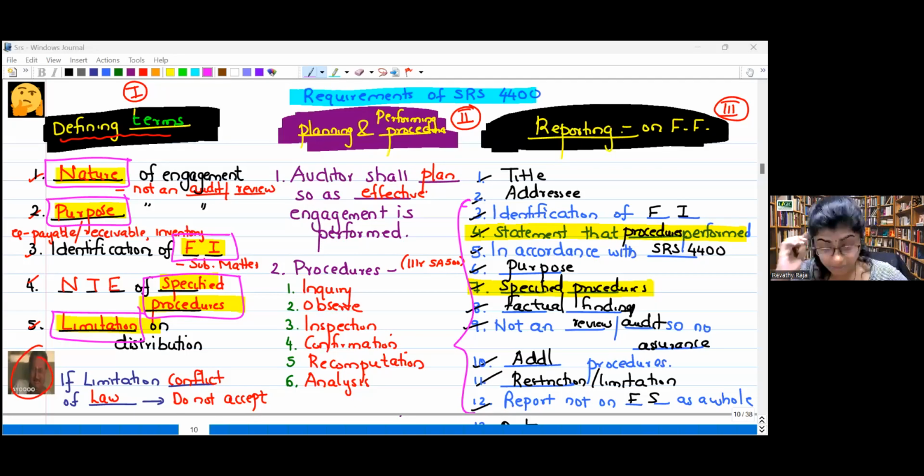The procedure is very simple. I think this is more important from an exam point of view. They can even ask the content of the report.